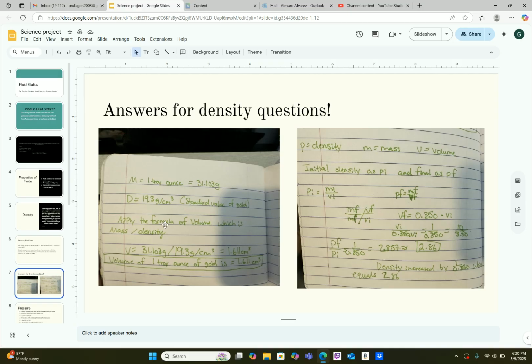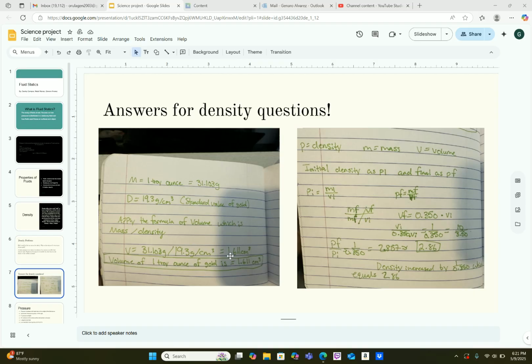So our equation is volume equals mass over density. Our mass is 31.103 grams, over 19.3 grams per centimeter cubed. That's basically all you have to do for this equation.